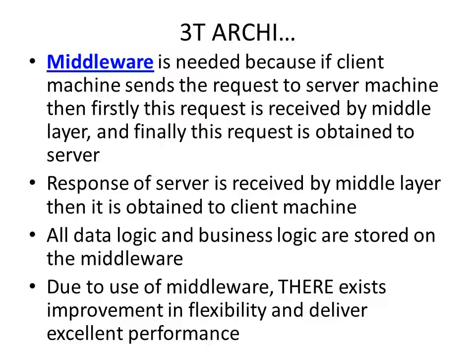When the server gives a response, it gives the response to the middle layer first, then the middle layer gives the response to the client. This is how it works.